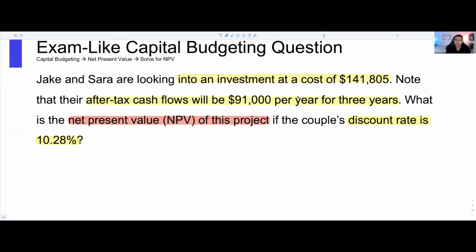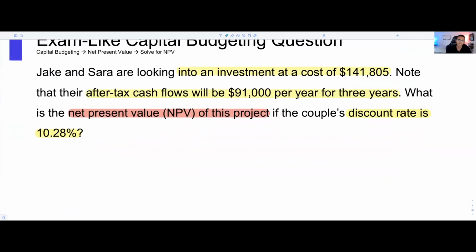And in this case, it's pretty straightforward. When we look at the question, we know that our initial investment will be the cost of this project for Jake and Sarah. In this case, we quickly and clearly see that it's $141,805. And the cash flows that we expect to receive are going to be the 91 grand per year for 3 years.